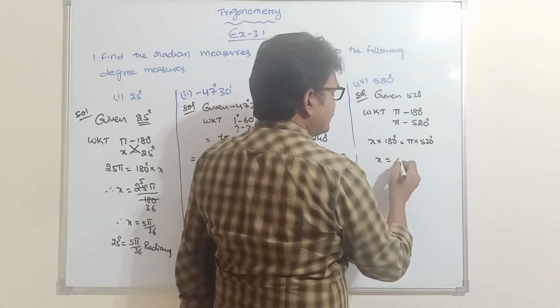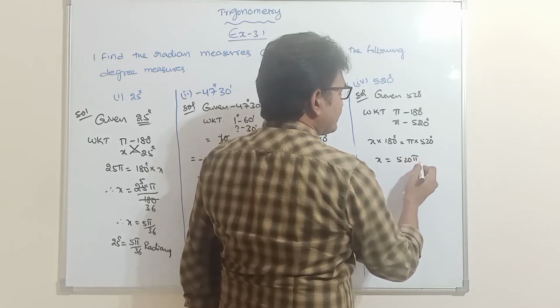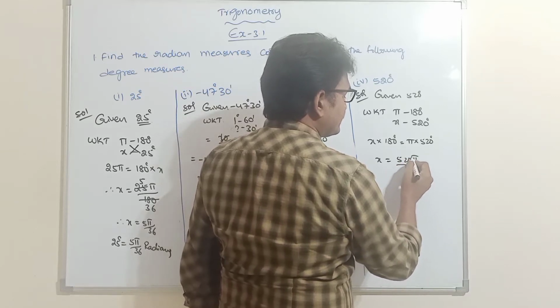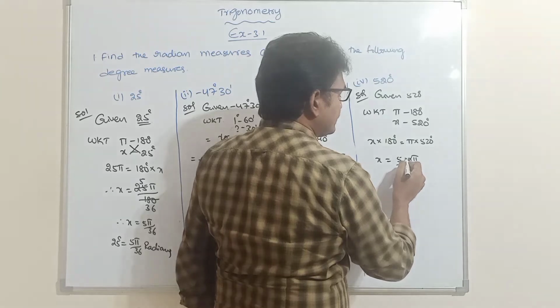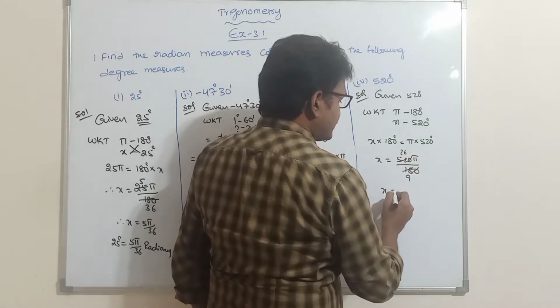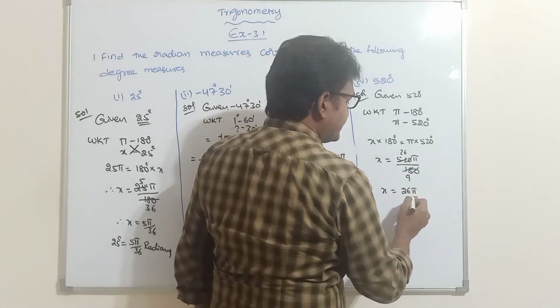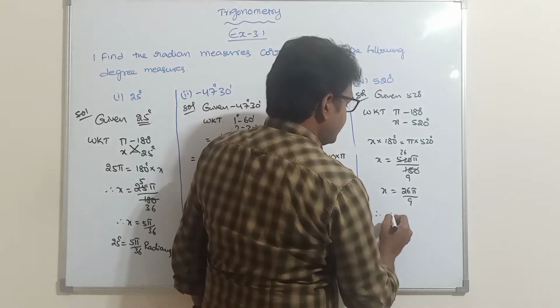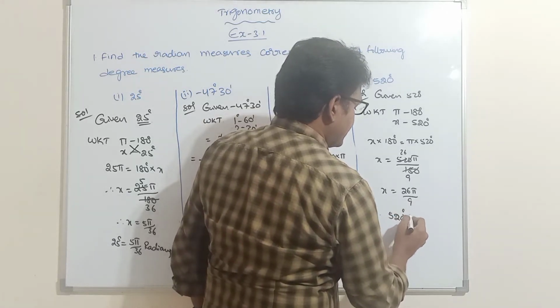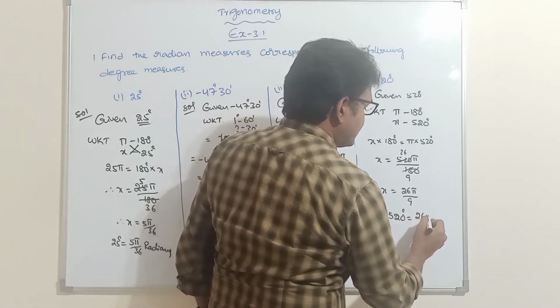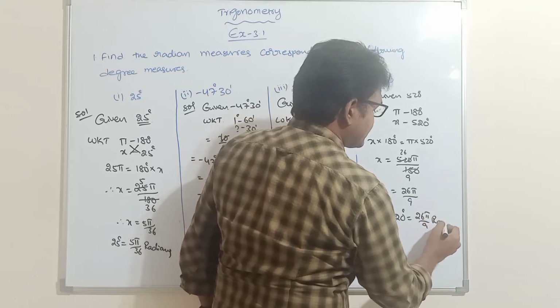Therefore x is equal to 520 pi by 180. 0 gets cancelled. 2 9s are 18, 2 26s are 52. So x is equal to 26 pi by 9. Therefore 520 degrees is equal to 26 pi by 9 radians.